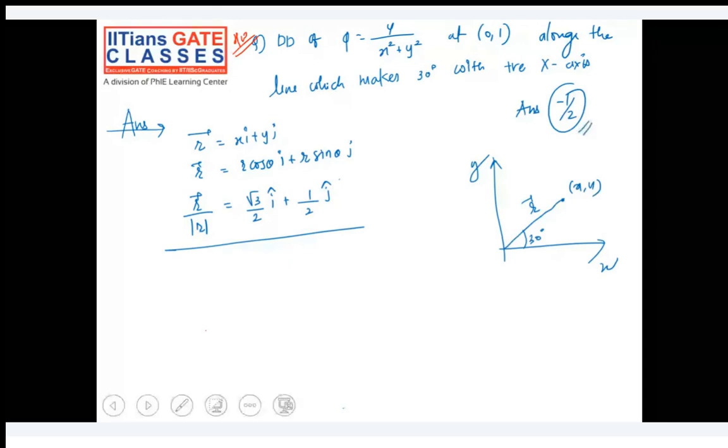Another question, which you can solve. The indirect way of asking it is like this: the greatest rate of increase of phi is equal to x square yz at point 2 comma minus 1 comma 2.